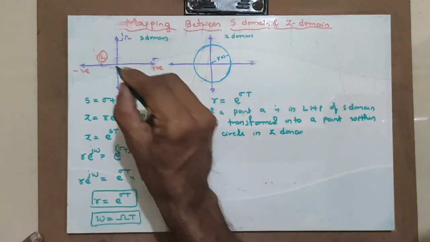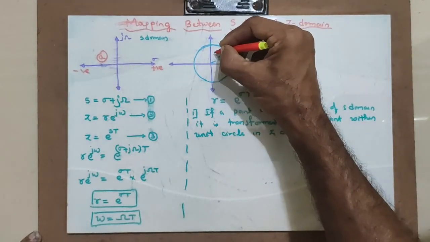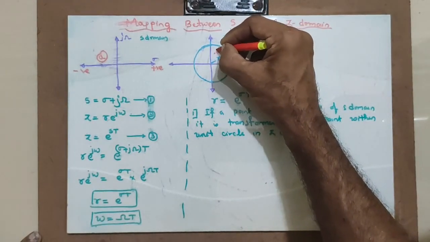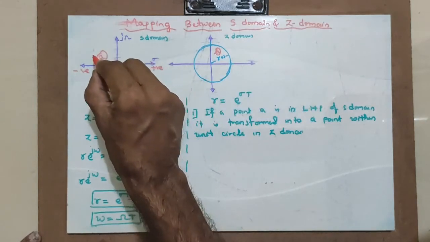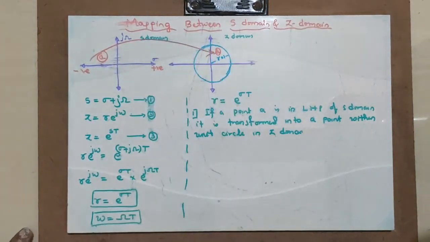Obviously, this point A comes somewhere here, wherever it is. This point A, which was there on the negative side, is transformed to here, right?